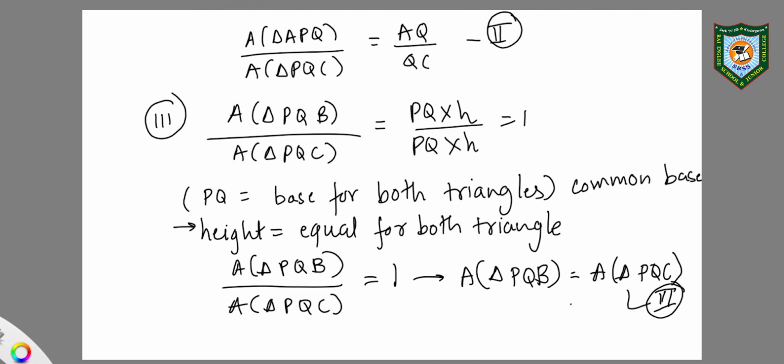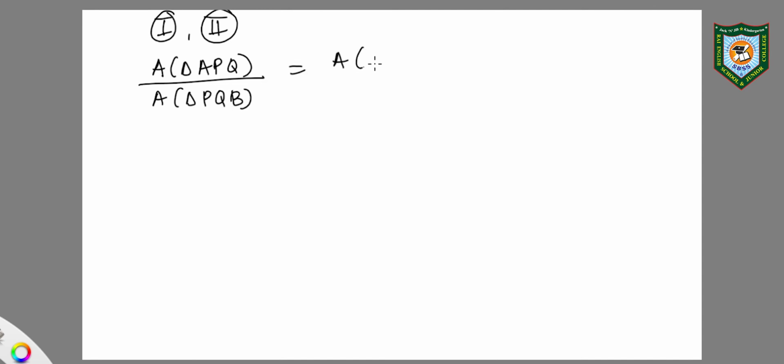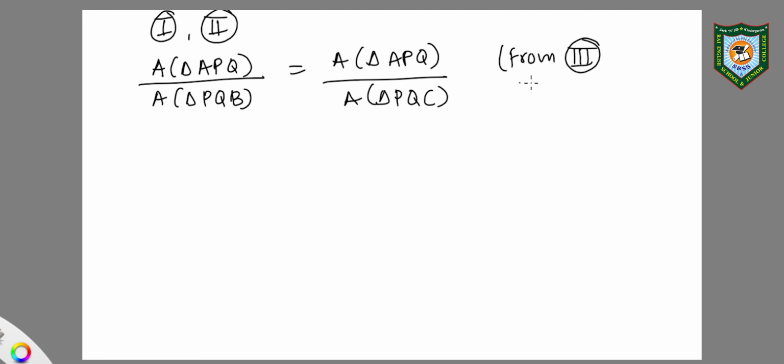For equation number 1 and equation number 2, I can say that area of triangle APQ divided by area of triangle PQB is going to be equal to area of triangle APQ divided by area of triangle PQC, because from equation number 3, area of triangle PQC is equal to area of triangle PQB. So that means these two ratios are equal.